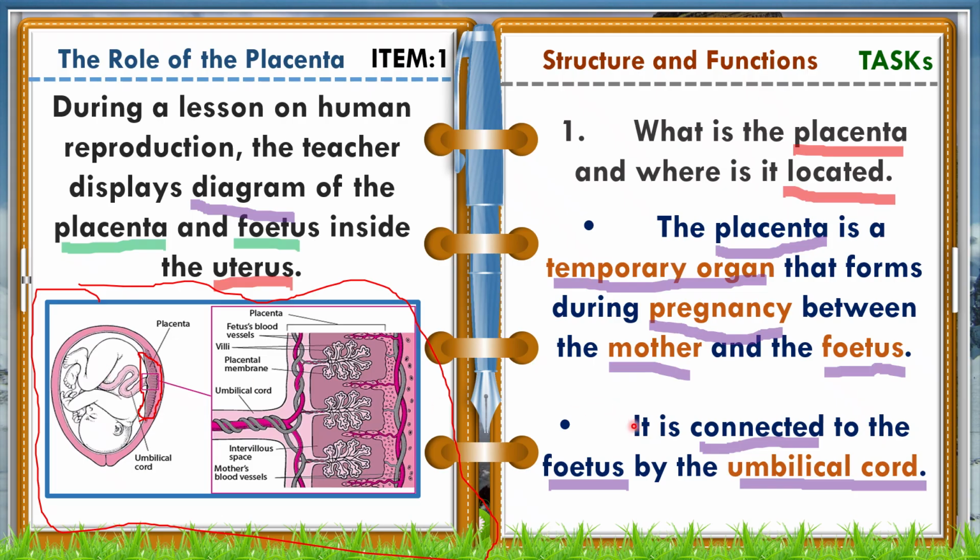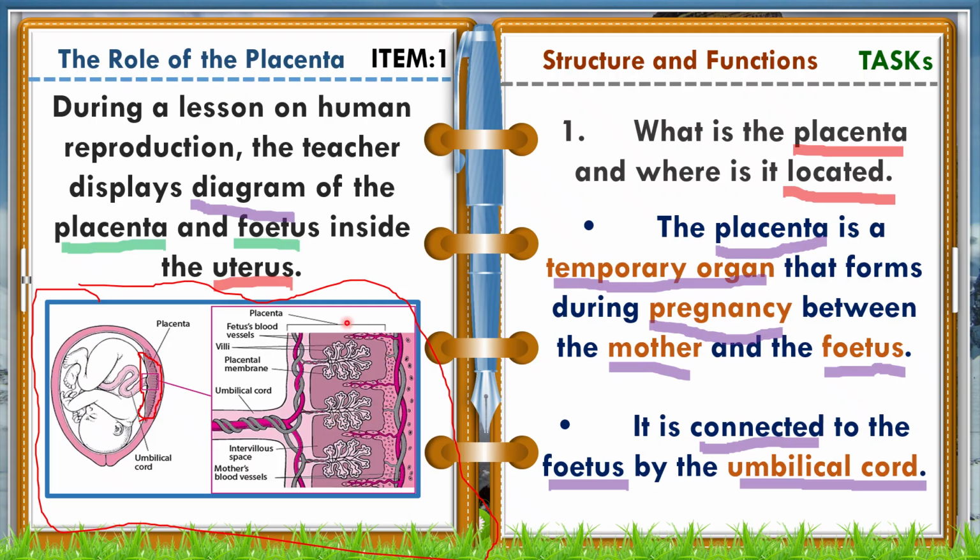And how does it connect to the baby? The placenta is connected to the fetus by the umbilical cord. You can see from the placenta here, to connect it to the baby, it passes through the umbilical cord.